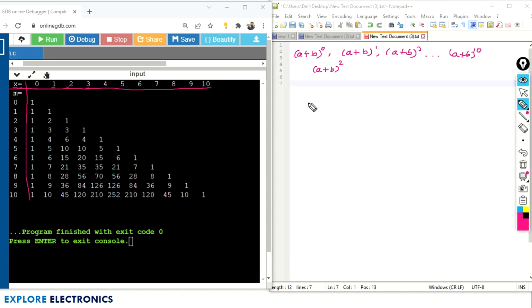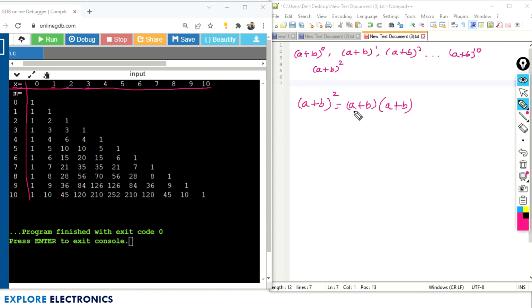Now, for example, consider (a plus b) whole square. What we get is (a plus b) into (a plus b), right? This is how we can write (a plus b) whole square. Now, if we multiply the two terms with the other two terms, that means we are writing all possible combinations of this expression.